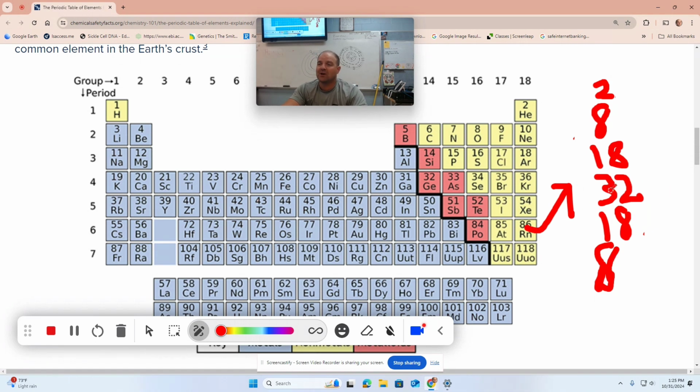Where did the 32 come from? The reason you say you're confused. All right, look up here. Do you see these two series here? Lanthanide and actinide series. They're named for the first element in each of those series. These two rows plug in. Do you guys see right here? You see that?